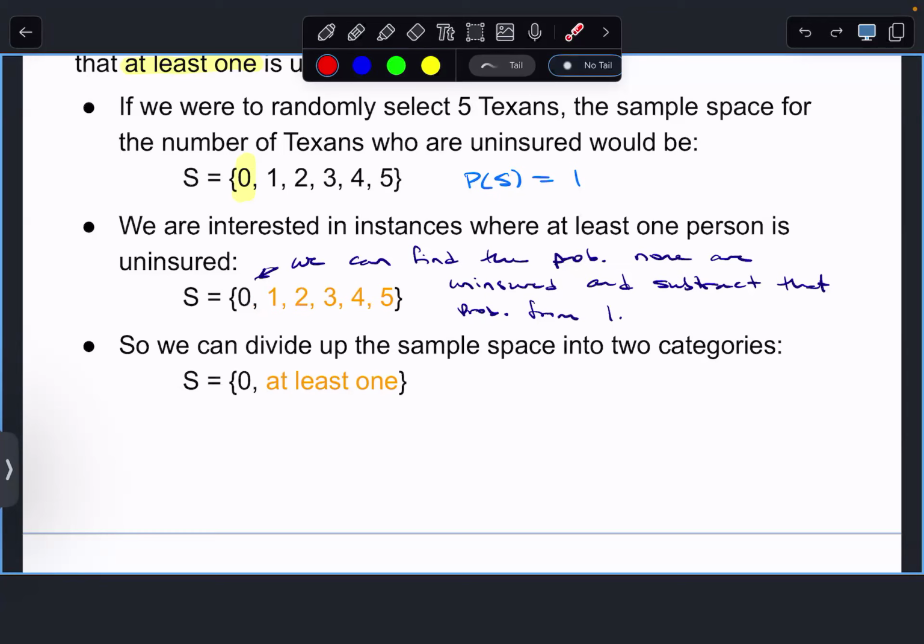I don't have to find the probability of 1, probability of 2, 3, 4, 5, and then add those all up, right? That's going to be the same as, what are we using? The complement, right? Not at least one is 0. Okay? So 1 minus the probability of 0 uninsured Texans.